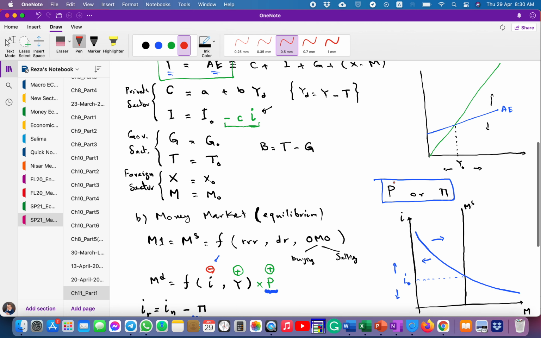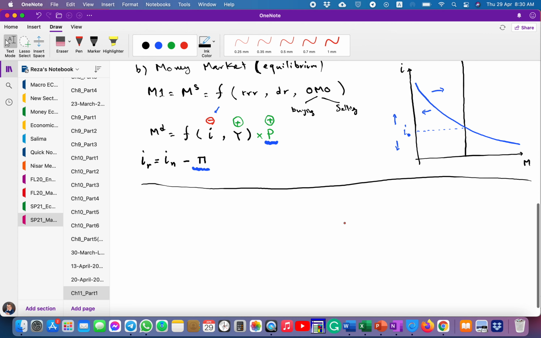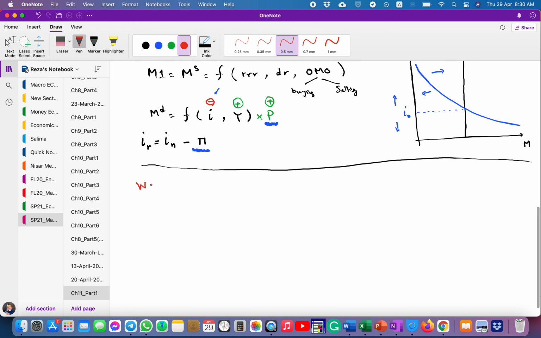In the previous chapter we assumed P is given. Now the question is, what if P is changing, going up or down? What is going to happen to Y, how does it behave? We say there are two parts to it.